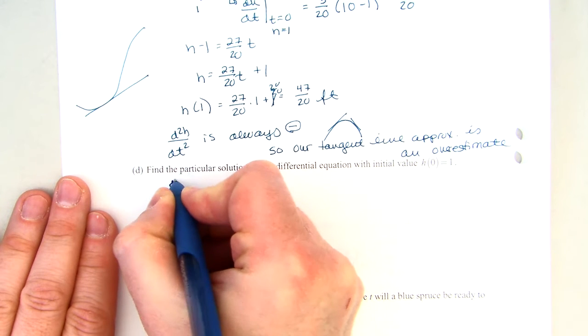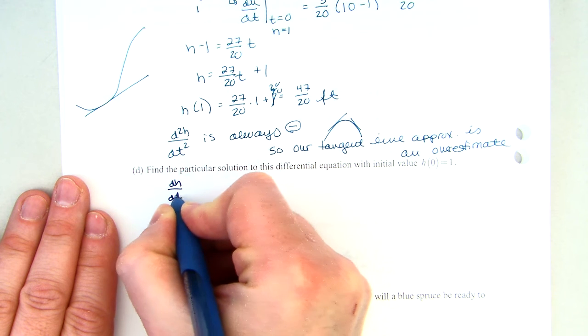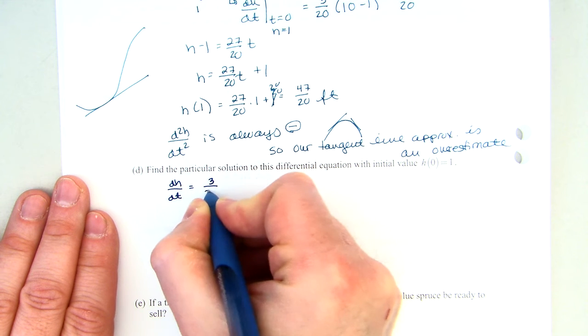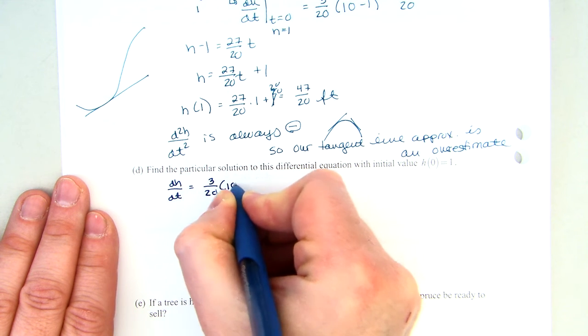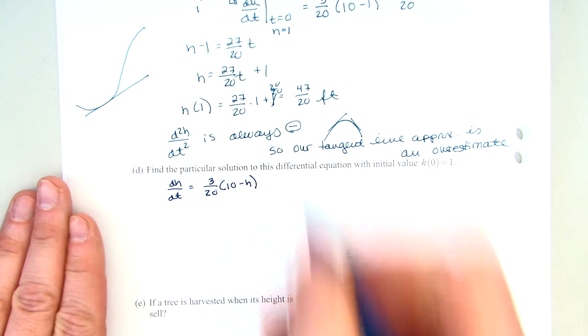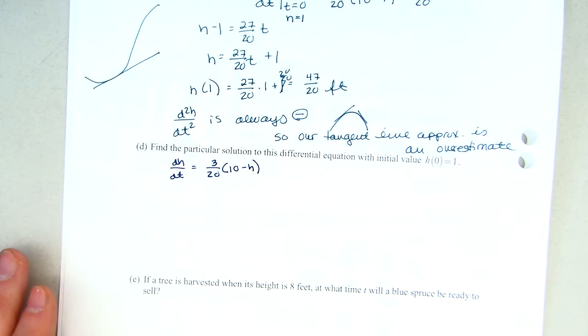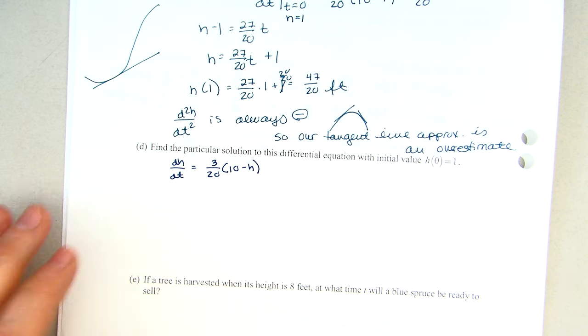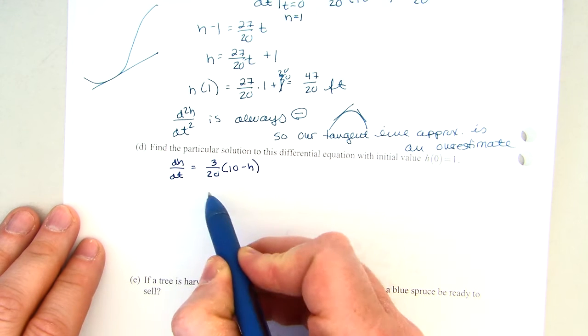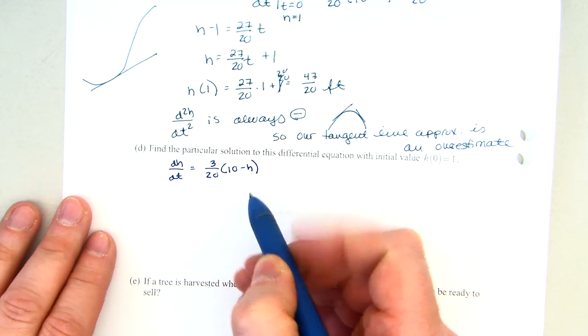We have the differential equation dH/dt equals 3/20 times (10 minus h). The method we're going to use to solve this is separation of variables. Exactly. What do you want to do? Yeah, and I suppose we could move the fraction with the 10 minus h, but it's not going to be pretty to do it like that.